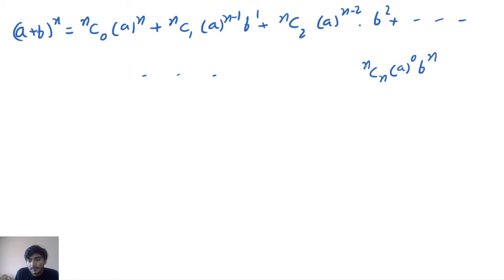If I take one more term before this, it will become nC(n minus 1), with a to power 1 and b to power n minus 1.